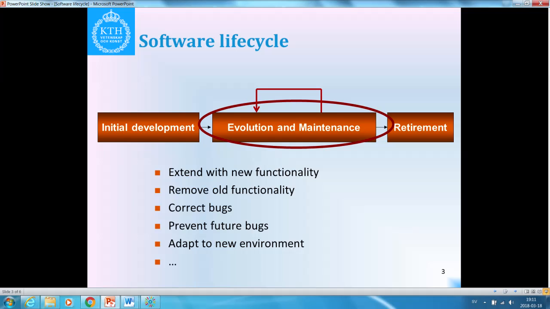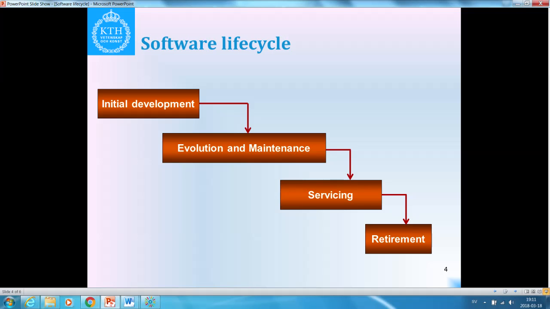I could further develop this life cycle model, but still it's very simplified. So we have initial version as we had before. We have evolution and maintenance, but between evolution and maintenance and retirement, we have servicing. What does it mean? You simply do not retire the software system just like that. It may take time to retire the system.